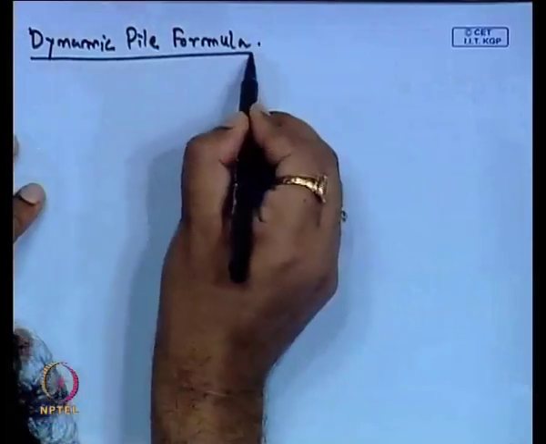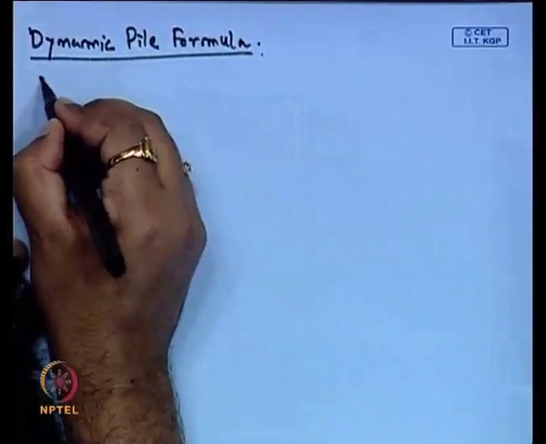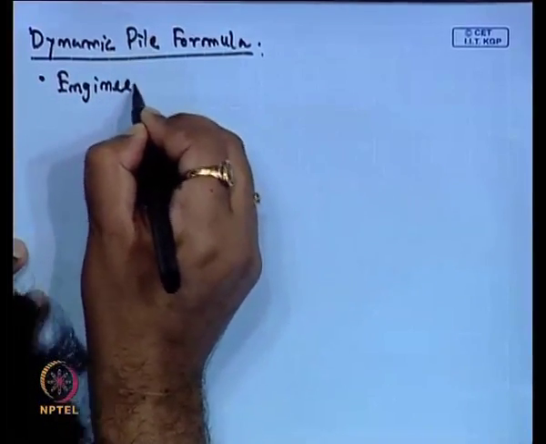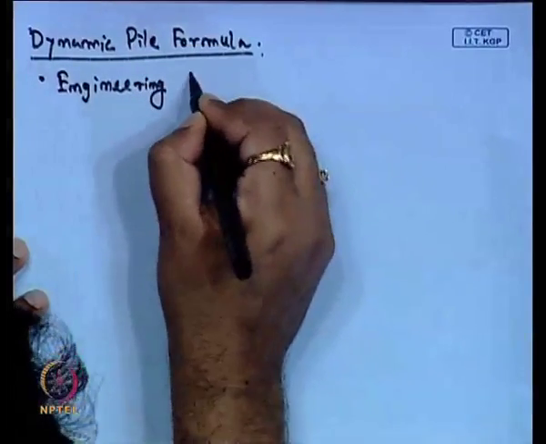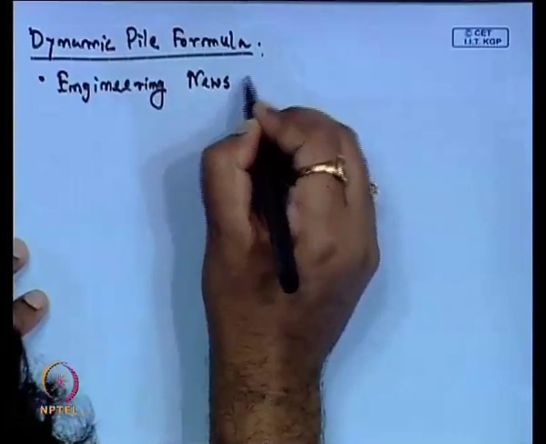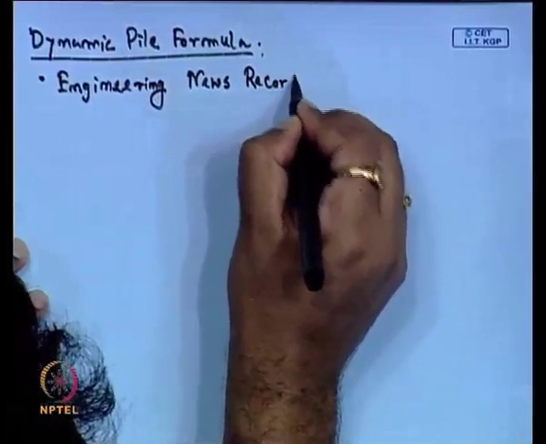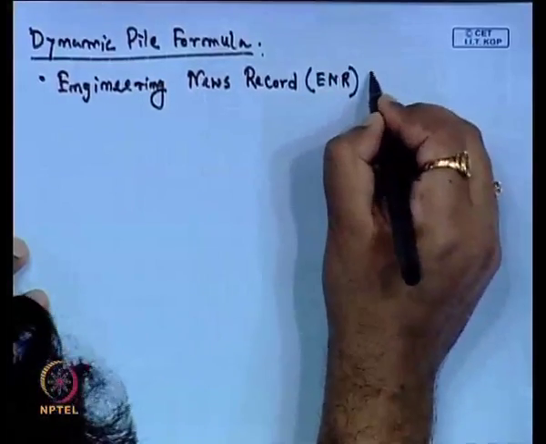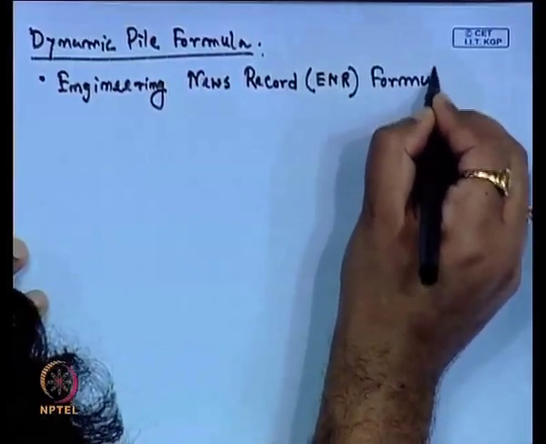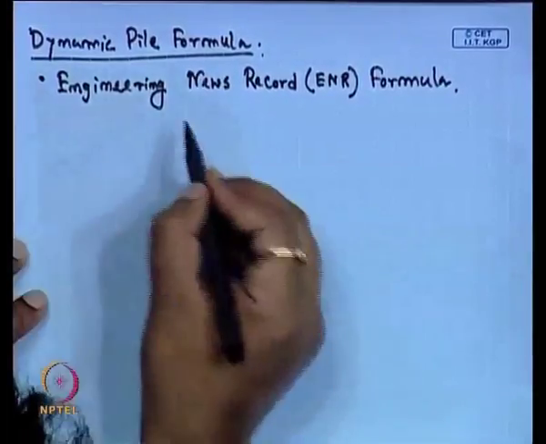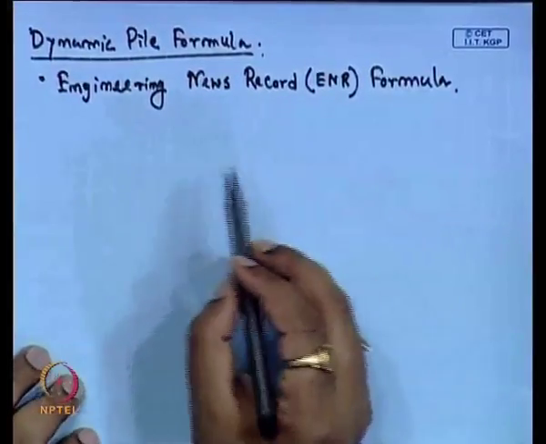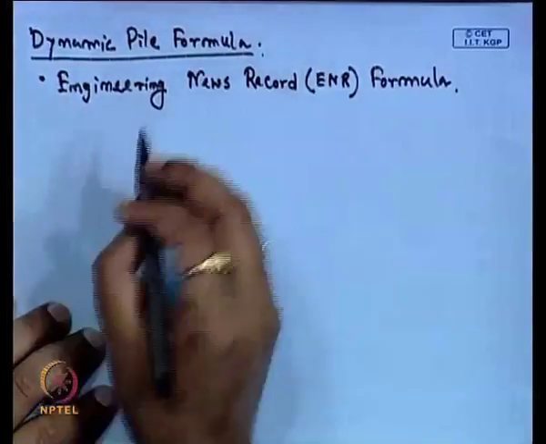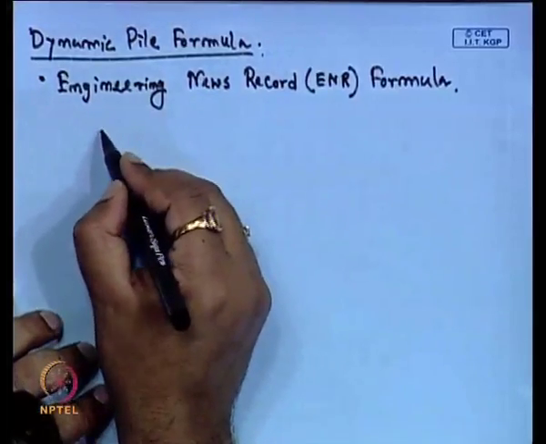So, the first one will be the Engineering News Record, or ENR formula. These are based on the pile driving energy, or the weight that we are using, and based on that we are calculating the allowable load carrying capacity of the pile.